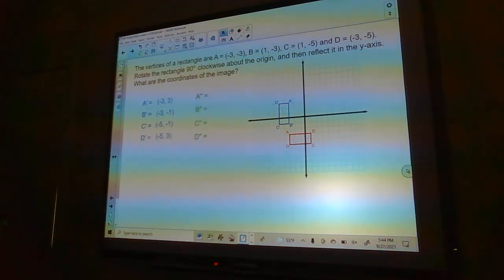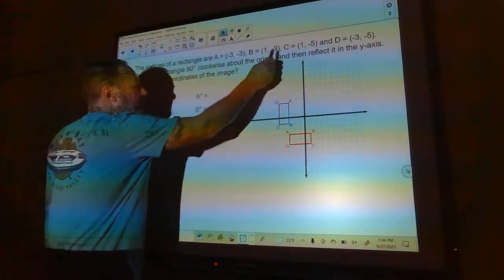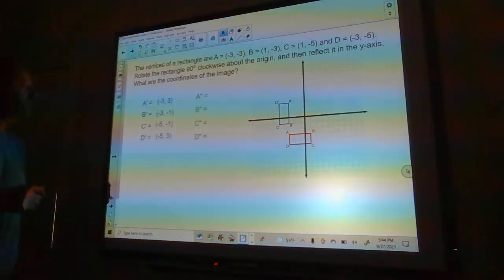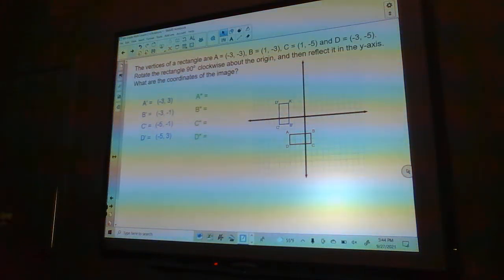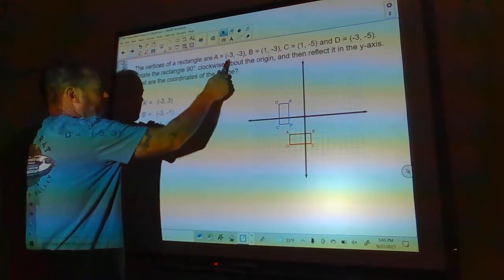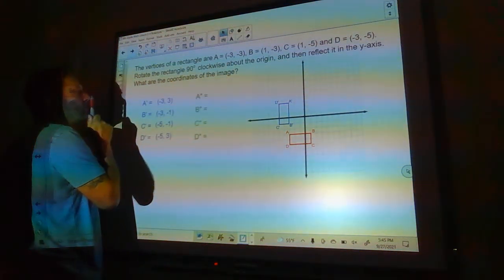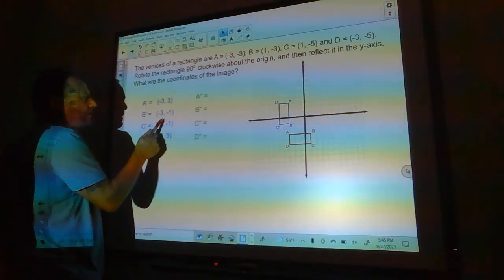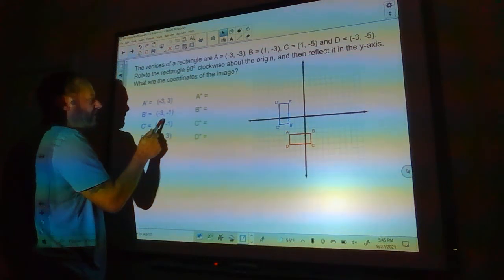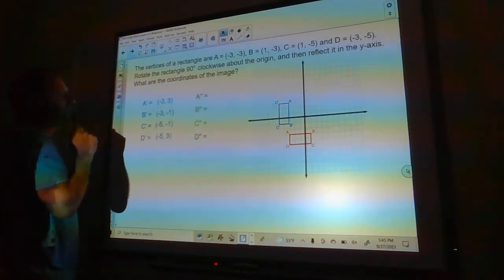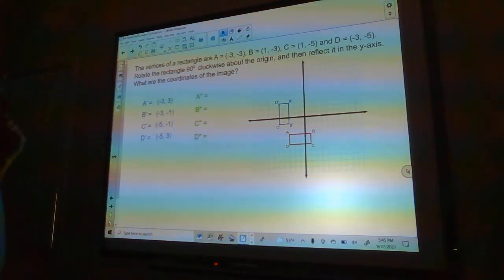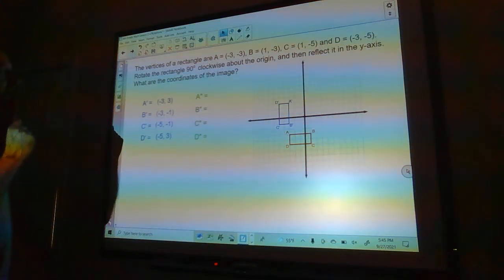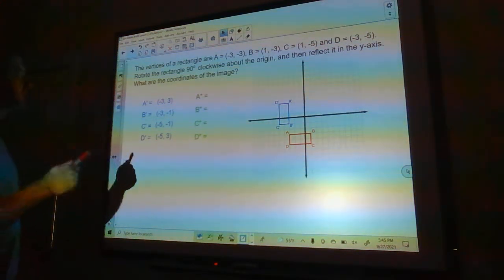Okay, do you notice any pattern here between A, B, C, and D, and A prime, B prime, C prime, and D prime? Well, let's see. The X stayed the same. The Y changed. There's not really an obvious pattern here. Okay, so we'll just leave it at this.